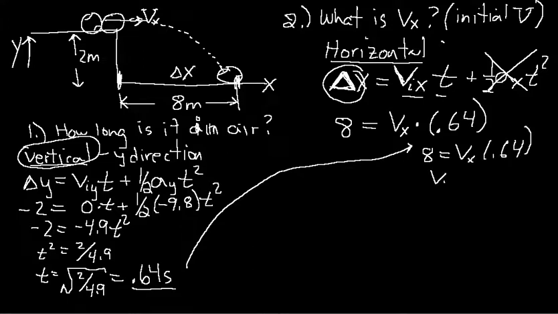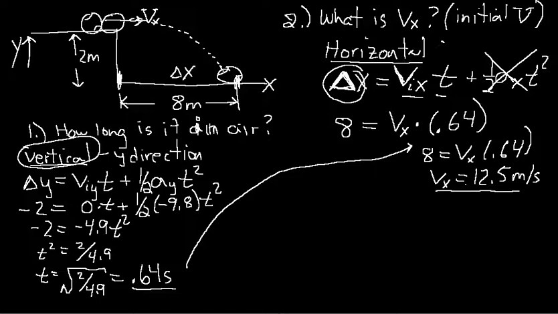So we can solve for the velocity in the x by saying velocity in the x is 8 divided by 0.64. And if we do that, we get velocity in the x is 12.5 meters per second. So that's the velocity in the x direction.